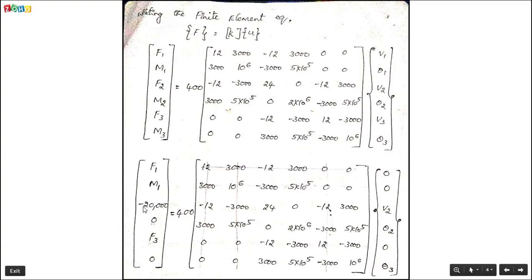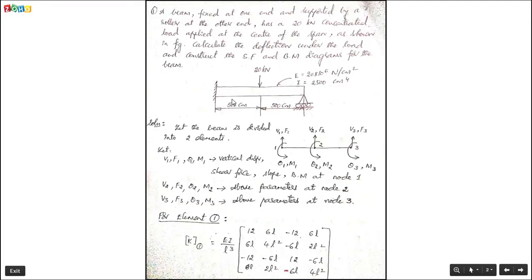Now you can observe the boundary conditions. What are the boundary conditions we have? This is an important point. In this diagram, at the first node, the vertical displacement V1 and slope theta 1 will be 0. Why? Because it is fixed, you can remember that.